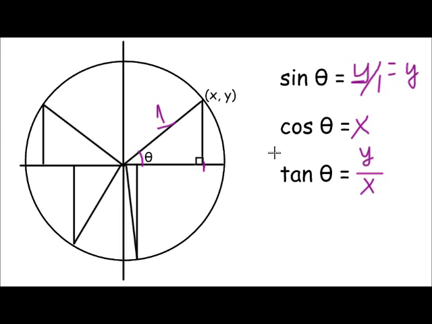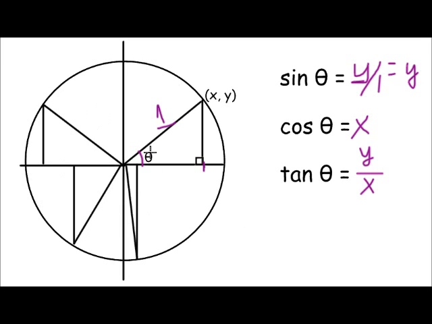Obviously, cosecant, secant, and cotangent are defined on top of those. Since there are places where your x or y value may be 0, and you can't divide by 0, there are some places on the unit circle where cosecant and secant are undefined, and where tangent and cotangent are undefined as well. And you'll see that as we go.